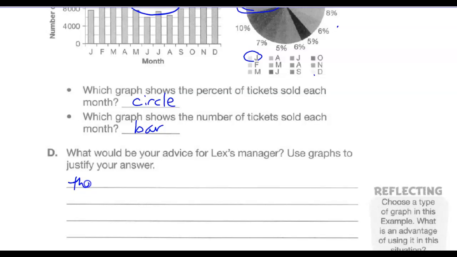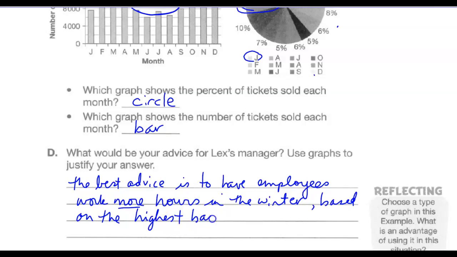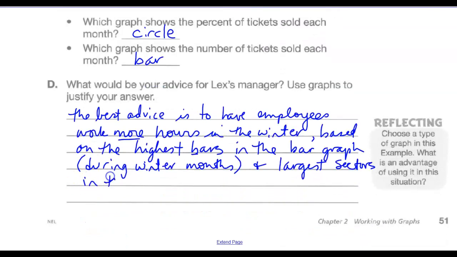No. I would say that they should work more hours in the winter based on the highest bars in the bar graph during winter months, and largest sectors in the circle graph.